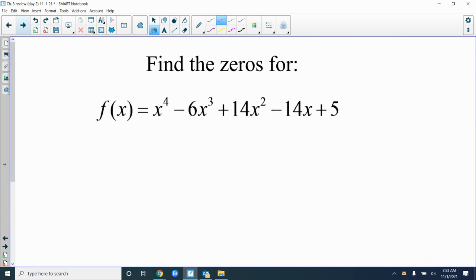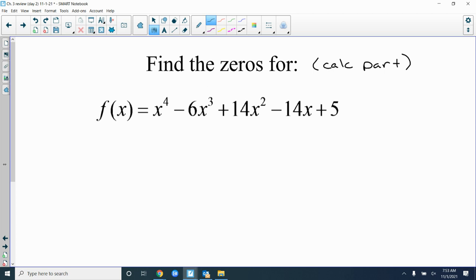All right, it says find the zeros. Let's say this is for the calculator part. Go ahead, pull out your calculators and graph it, if you are allowed to use your graphing calculator. You just need a list of zeros. So you can say 1.